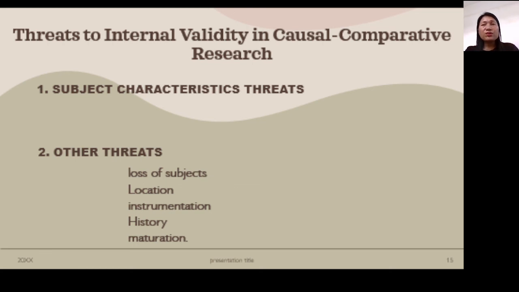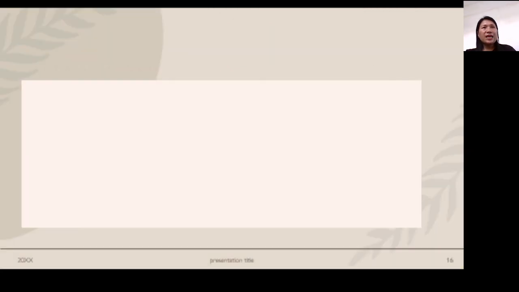Another way to reduce this threat is finding or creating homogeneous subgroups. And the third is statistical matching. There are also other threats to the internal validity of causal comparative research: loss of subjects or mortality, location, instrumentation, history, and maturation.